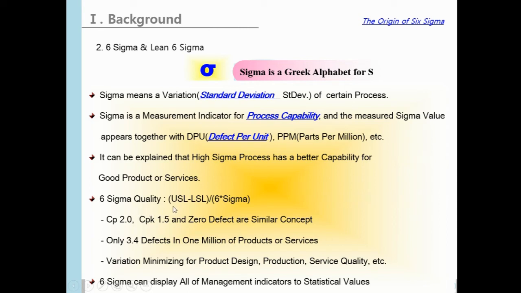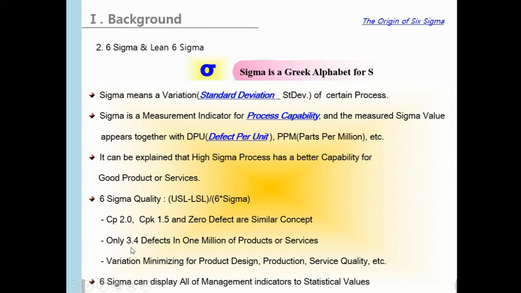Six Sigma quality, this is the formula. USL means upper specification limit, LSL means lower specification limit. We call this one tolerance. Maybe you heard about Cp, the process capability indicator. Cp 2, Cpk 1.5 and zero defect are similar concepts, not equal, similar.